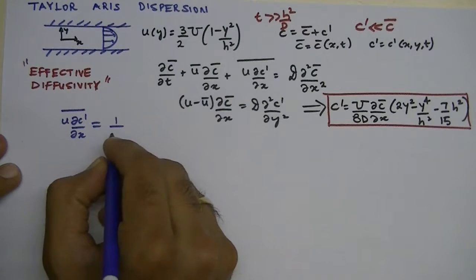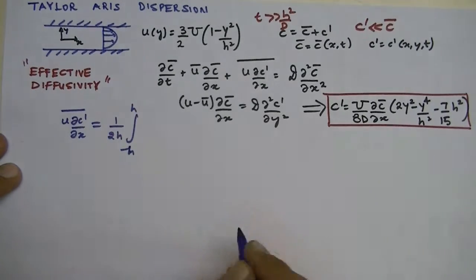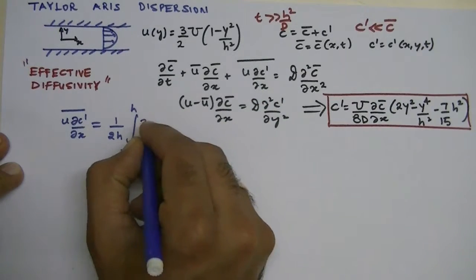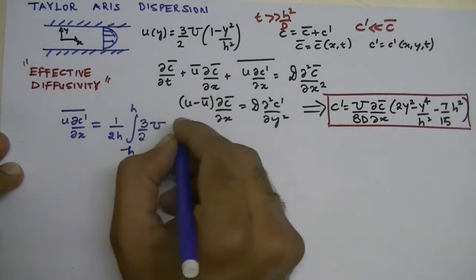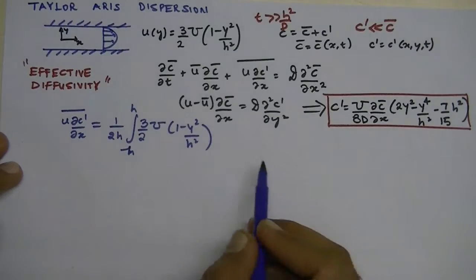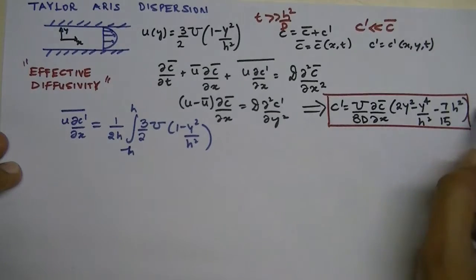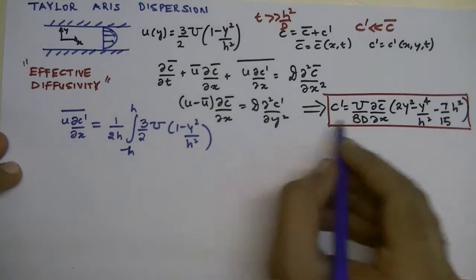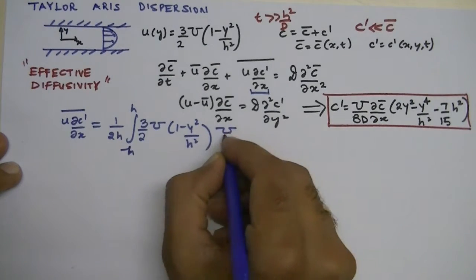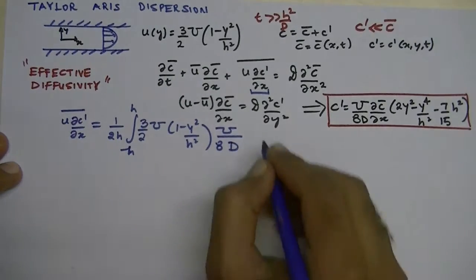So this is actually 1 over 2h, integral from minus h to h, of the velocity, which is 3 by 2 times u times 1 minus y squared over h squared, times del C prime by del X. So from this equation we see that del C prime by del X is u, which is the mean velocity, over 8 times the diffusivity.